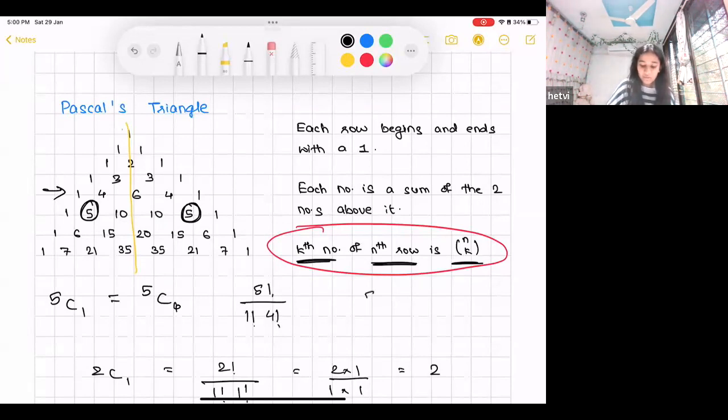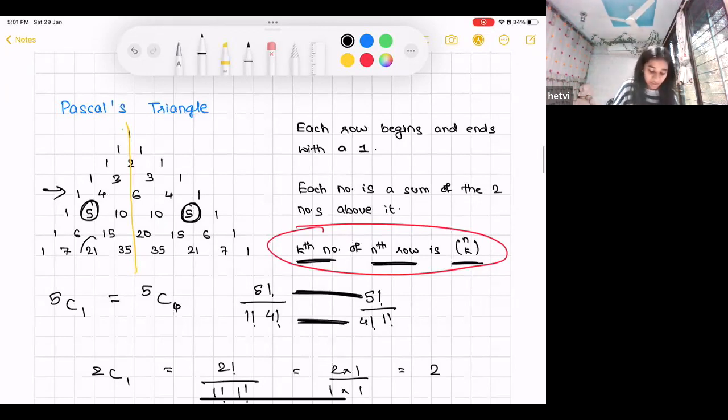And 5C4 will be 5 factorial upon 4 factorial into (5 minus 4), 1 factorial. So essentially we have the same thing: 5 factorial in the numerator and 4 factorial and 1 factorial in the denominator. It's just different ways of writing it.